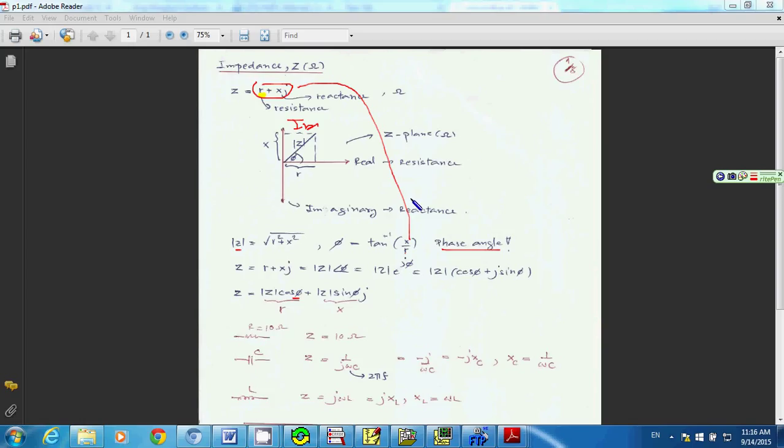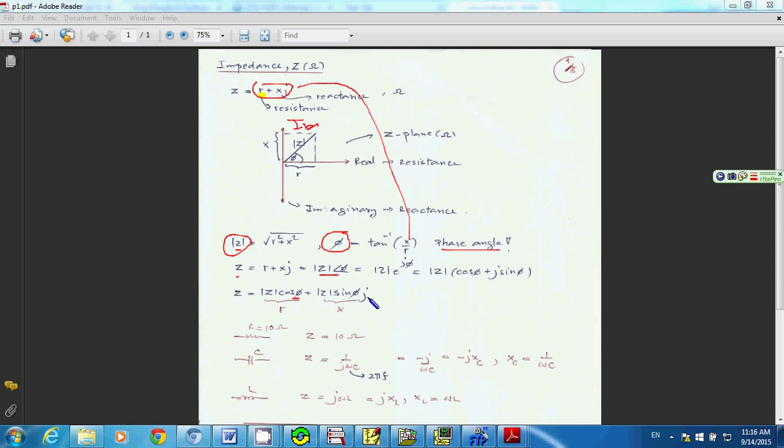So this is the basic concept, and you can apply this concept to the rest of my lecture notes and the rest of our circuit analysis. So that's what you have. You need looking for magnitude, and you need looking for the phase. Okay, so that's the basic idea. And also you can write your impedance in the term of the magnitude of z, and then the phase angle phi.